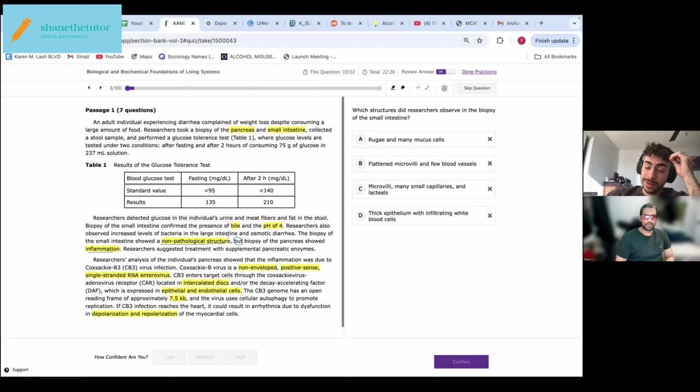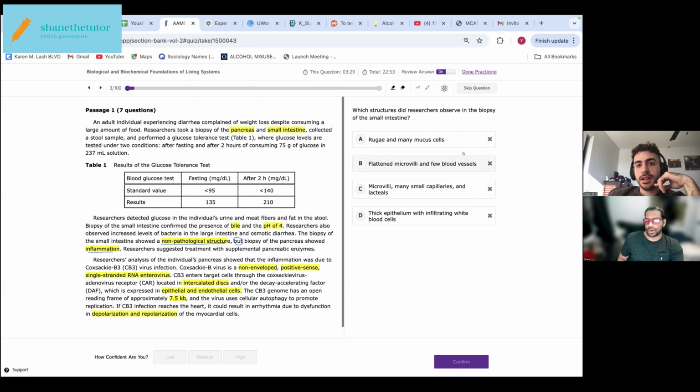So is it normal to have flattened microvilli and a few blood vessels? No. Okay. So what's rugae? That's a good question. I actually looked that up.